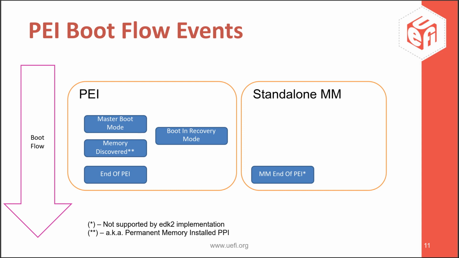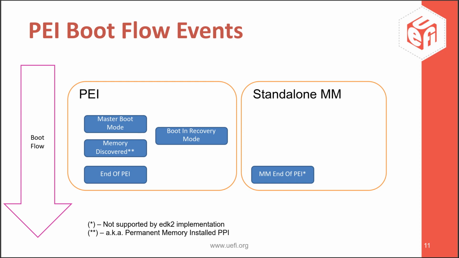So here are the events that happen in PI. I assume that this is like a time diagram. So the reset is at the top, and then we are moving towards boot to OS, which should happen at the bottom. The master boot mode PPI, which is installed when platform boot mode is detected.